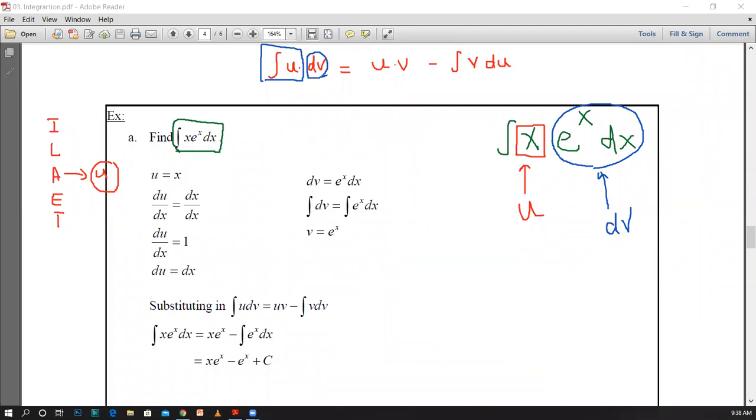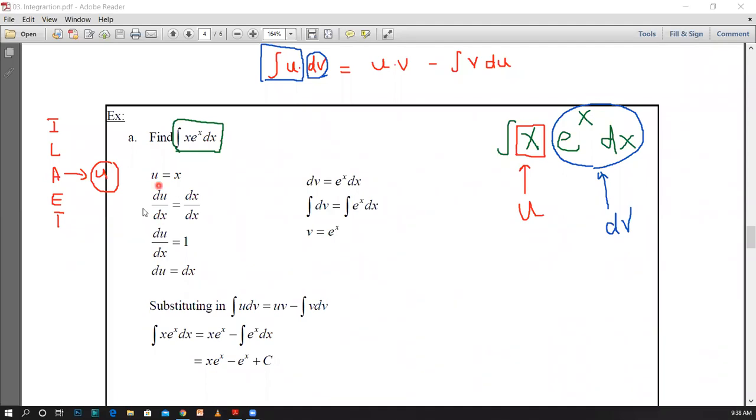Here you can see that I have written u equals x and dv equals e to the power x dx. The quantity that you have identified as u has to be differentiated with respect to x.